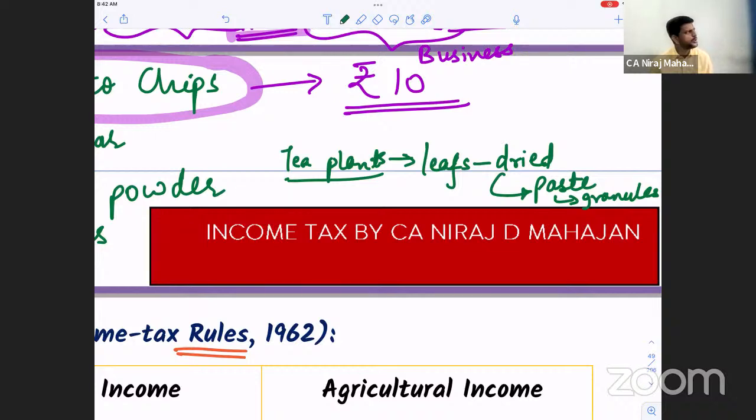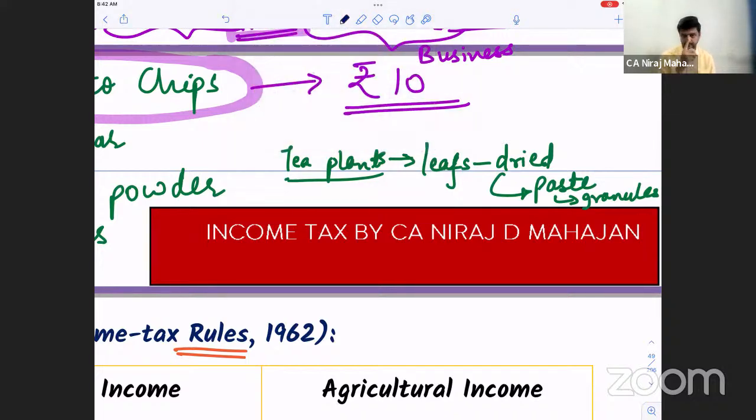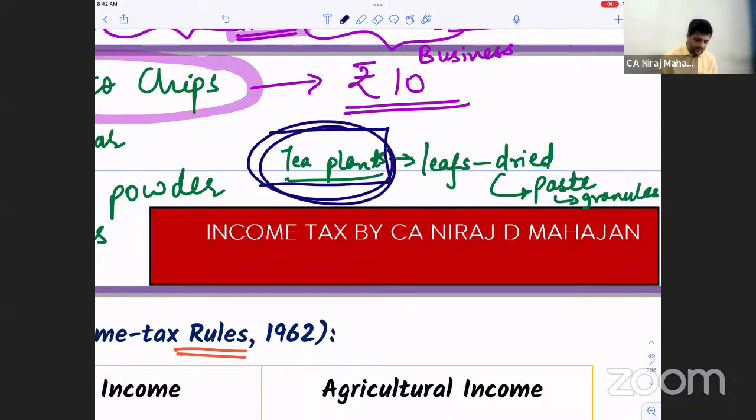So what do you think, bacho, till where should we consider it as an agricultural activity? What do you think? Till here, bacho. The time till where I have produced the tea plant, till that time I'll say it is agricultural produce, because I can sell my entire tea plantation also, no?